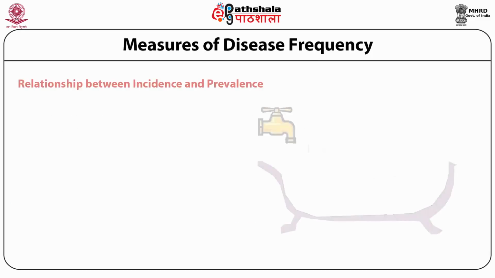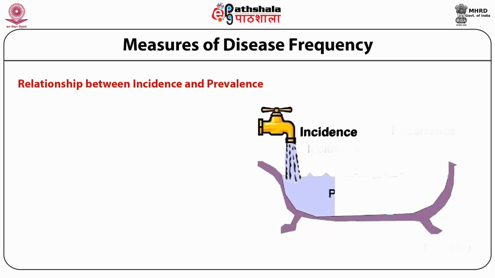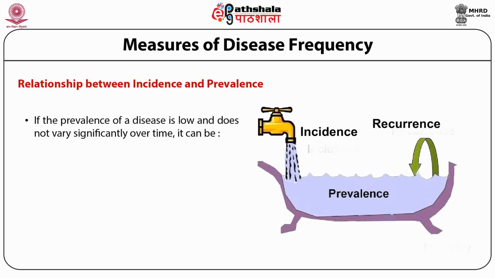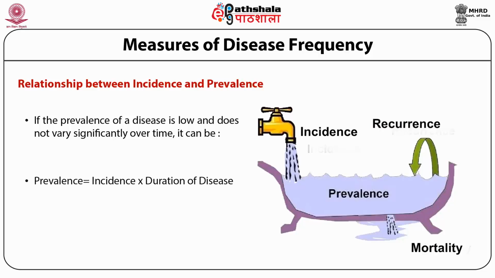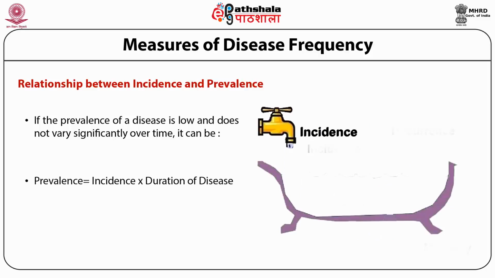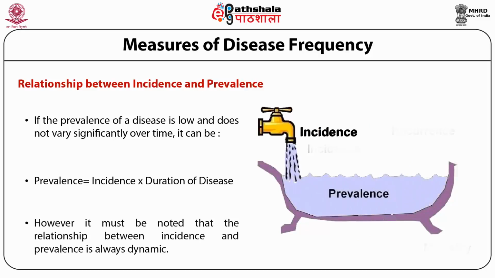Let us look at the relationship between incidence and prevalence. Now, if the prevalence of a disease is low and does not vary over time, prevalence is equal to incidence multiplied by the duration of the disease. However, it must be noted that the relationship between incidence and prevalence is always dynamic.